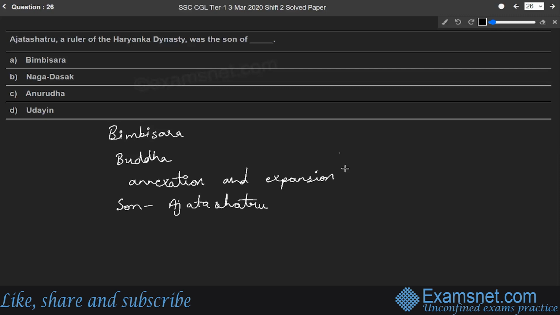Ajatashatru followed a more serious and aggressive policy of expansion. His father Bimbisara started a policy of annexation and expansion, and he further followed the policy of expansion.